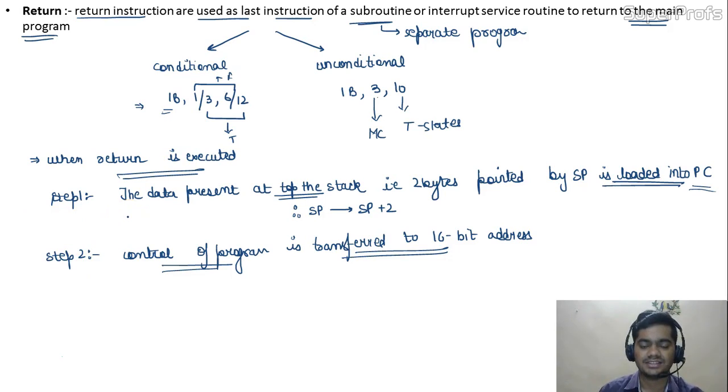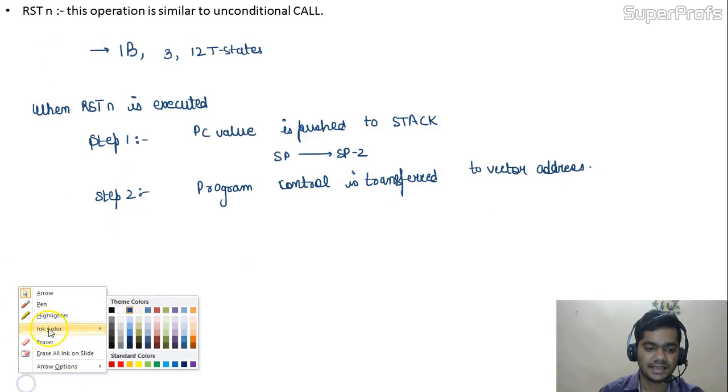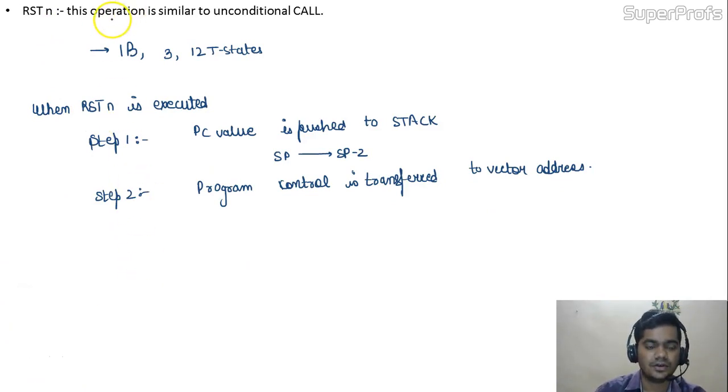Next, and the last instruction we are going to see, is the software interrupt instruction. We have already studied what software interrupts are, that is RSTN, and we will see how to use it. I hope you have written this statement. The last statement is RSTN, and the RSTN operation is similar to the unconditional call.